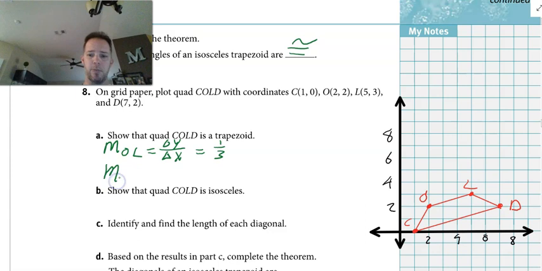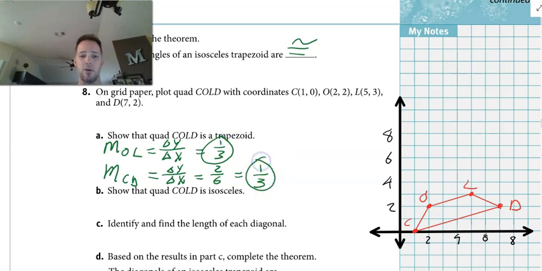And the slope of CD, rise of 2, run of 1, 2, 3, 4, 5, 6. Simplify that, we get 1/3. So we do have the same slope. So that tells us these lines are parallel. So it is a trapezoid.